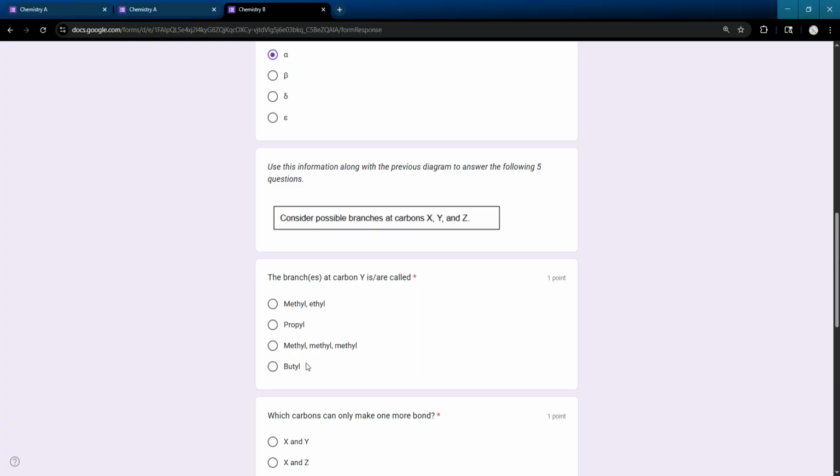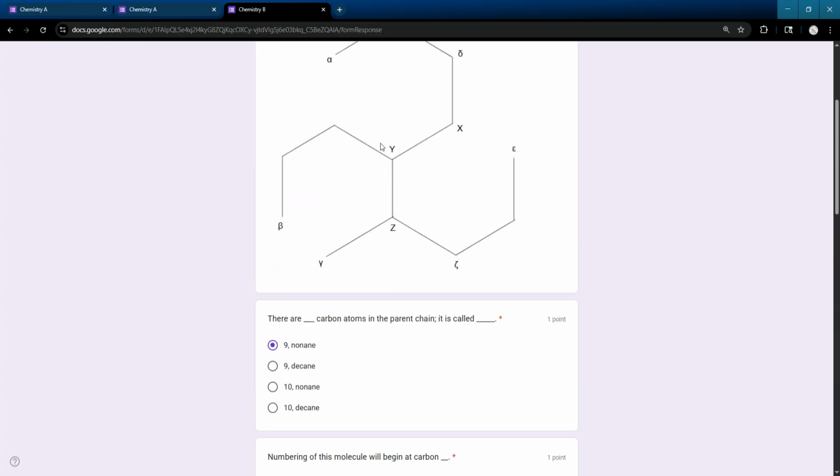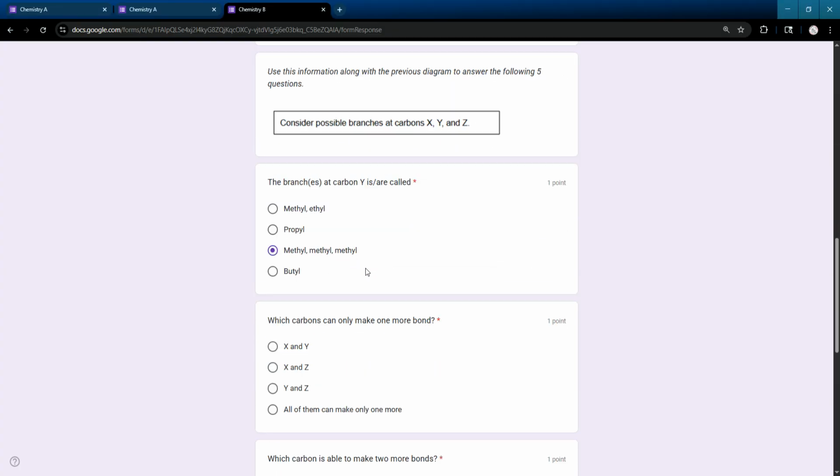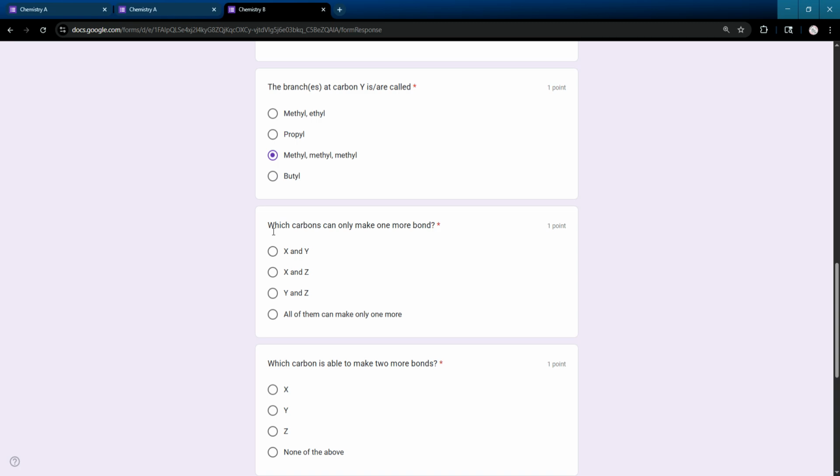It should just be methyl, this one. Because it's reacting with all 3. Which carbon can only make 1 more bond?